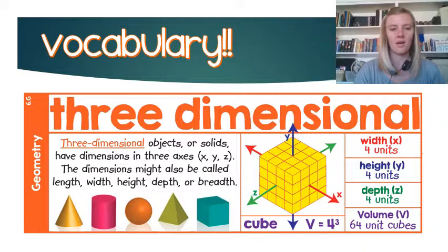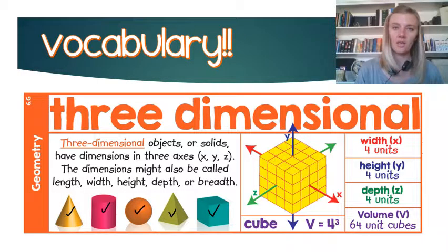So here are our three-dimensional objects. We've got cones, cylinders, spheres, square pyramids, cubes, triangular prisms, rectangular prisms, triangular pyramids, all kinds of different three-dimensional objects.